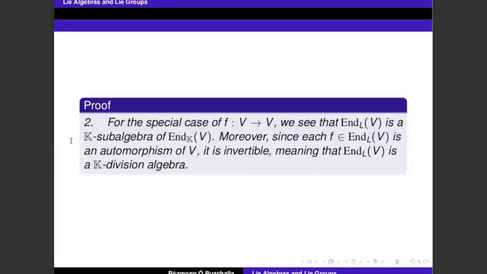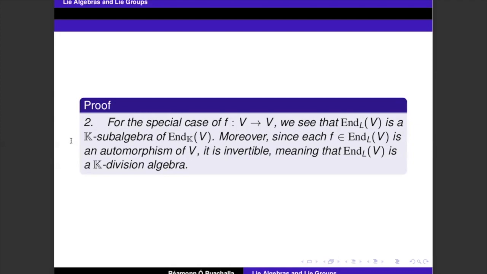We do have the last pieces though. For the third piece, which is to say the fact that the endomorphism is actually a division algebra. So for the special case f from V to V, we see that it is a K subalgebra of the linear endomorphisms. Okay, that's clear.